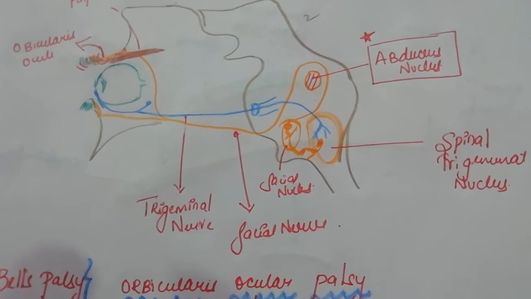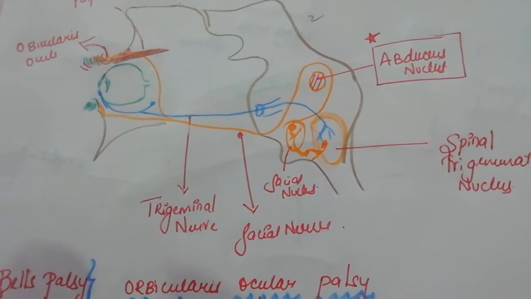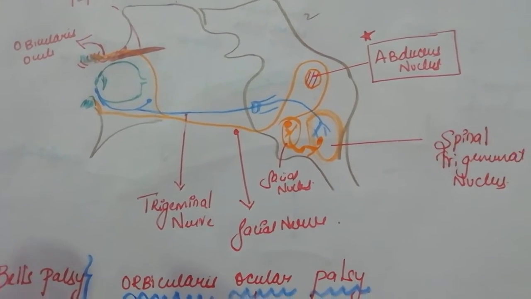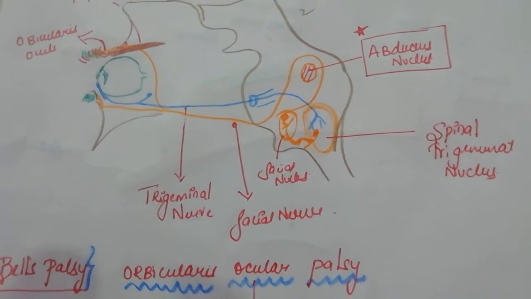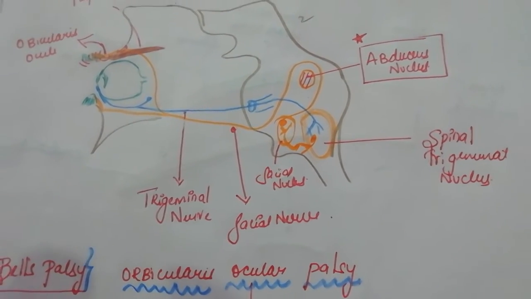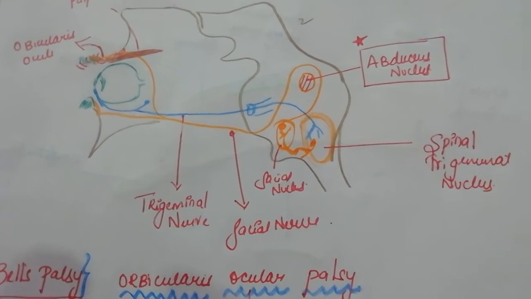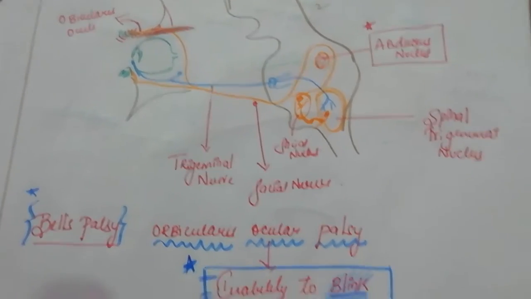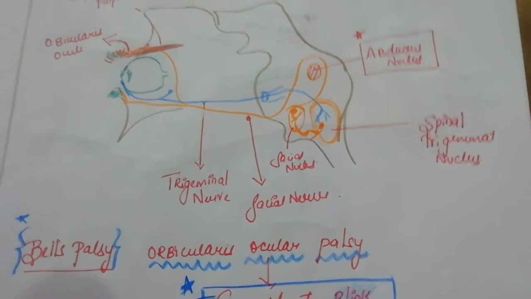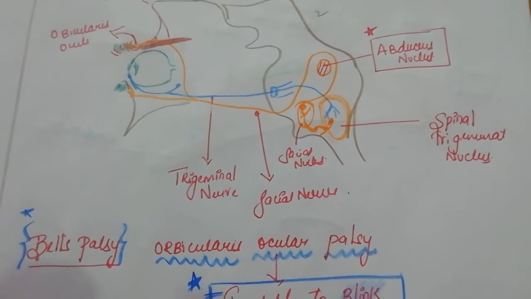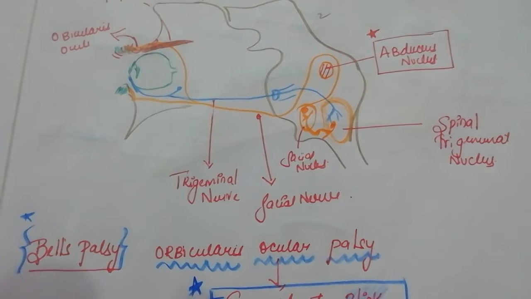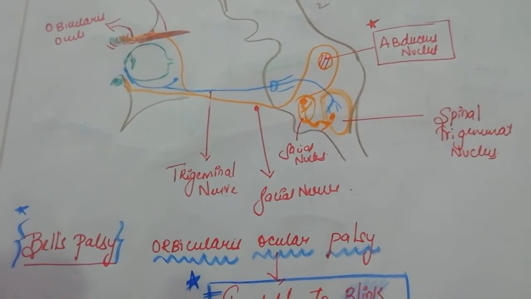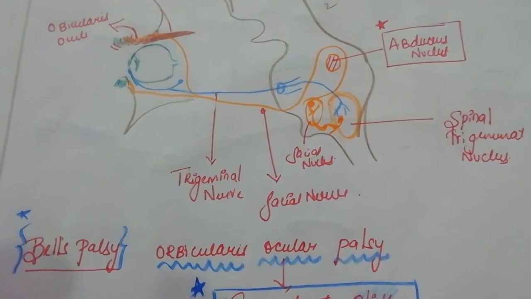Next, from this spinal trigeminal nucleus, what does it do? The person starts blinking. This is done by signals from the brain through the periphery, by the seventh cranial nerve, that is the facial nerve.